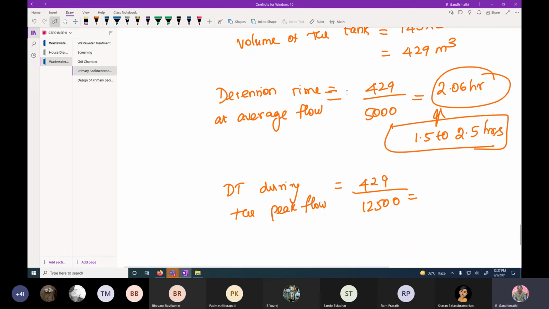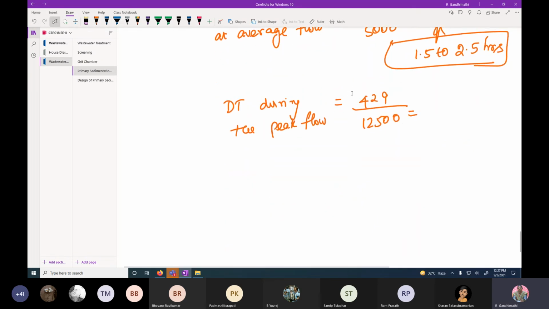Students, this also you have to calculate. It's coming 0.82 hours, which is less than 1 hour. Then slightly the performance may come down during the peak flow.